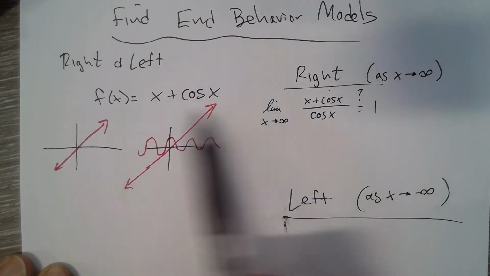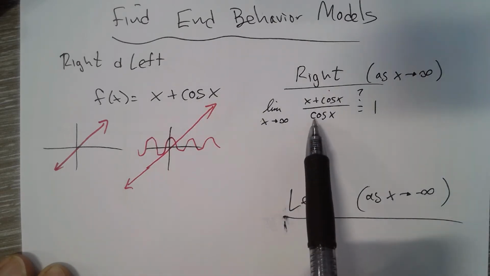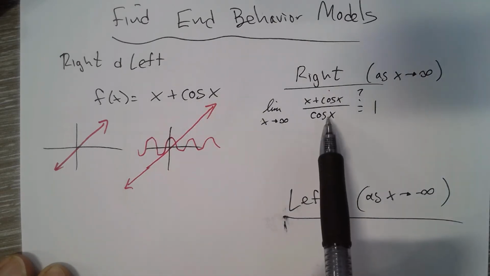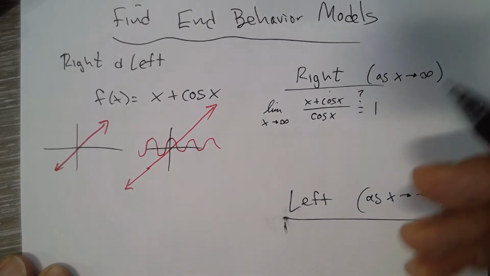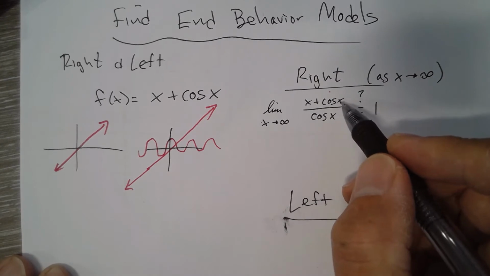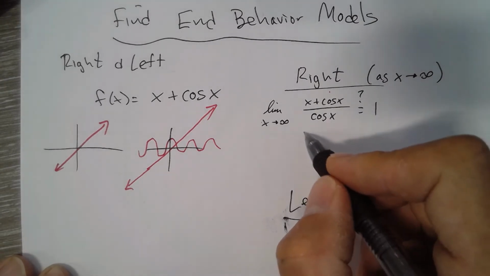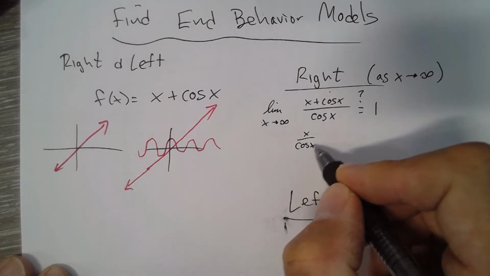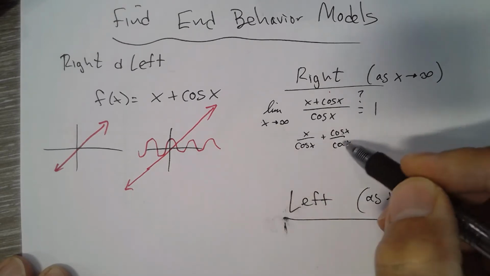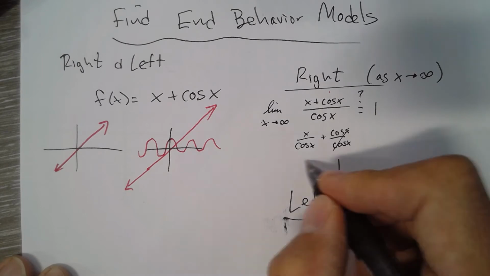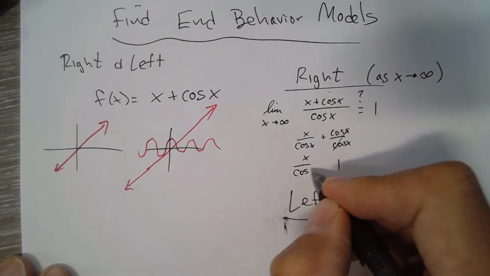So you take your original, that goes on top, and what we're choosing our model to be goes on the bottom. So we're comparing them, that over that. Since there are 2 terms on top and 1 on the bottom, we can separate them: x over cosine x plus cosine x over cosine x. Well, cosine x over cosine x, that's just 1. So I have x over cosine x.